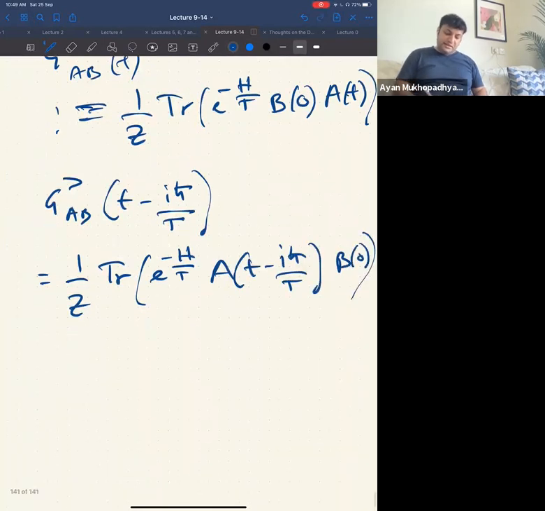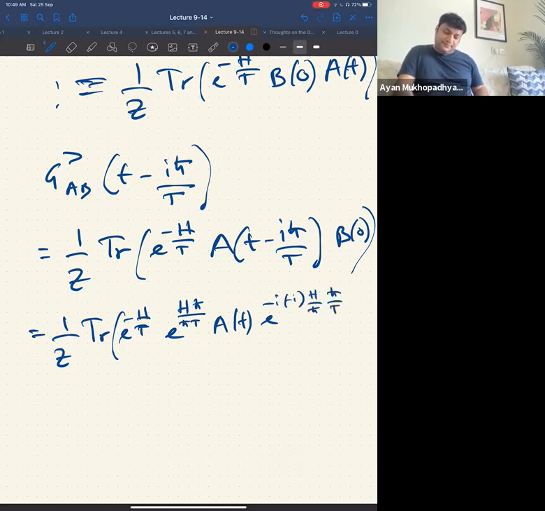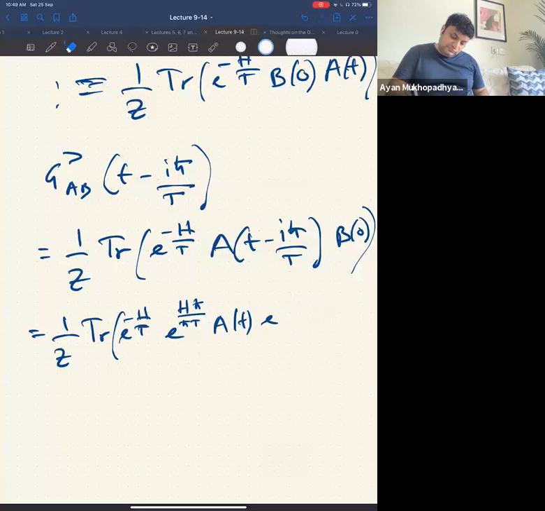That's the definition of G greater. Now I simply do a time translation on A(t), so it will be e to the power i H t over h bar, with h bar cancelling. With t replaced by t minus i h bar by T, there is a minus i and again a minus i, so we get e to the power plus H by T on one side and minus H by T on the other, giving minus h bar H by T.